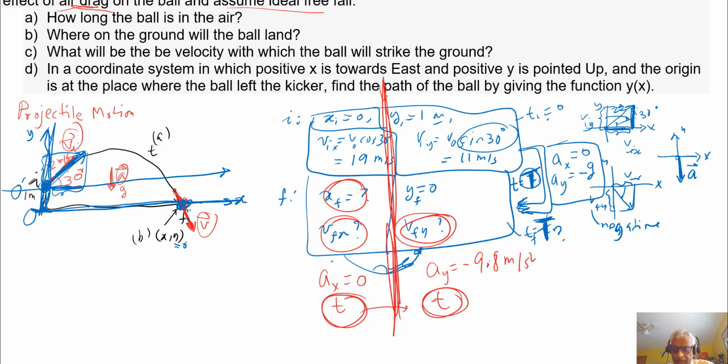The important thing here, all the signs are important. Make sure you understand all of this. V0y is 11, so 11 t plus half, and this is -9.8. Sign important here. And this is plus, so this minus becomes t square.